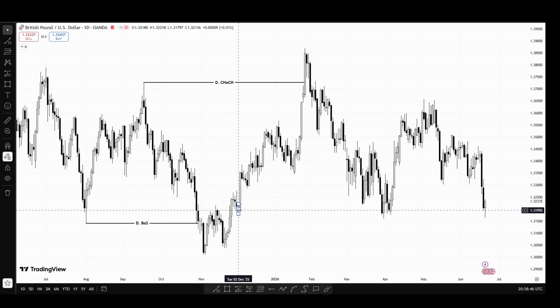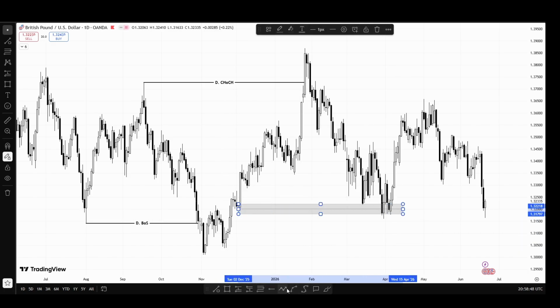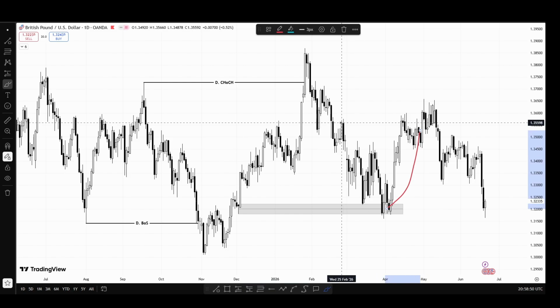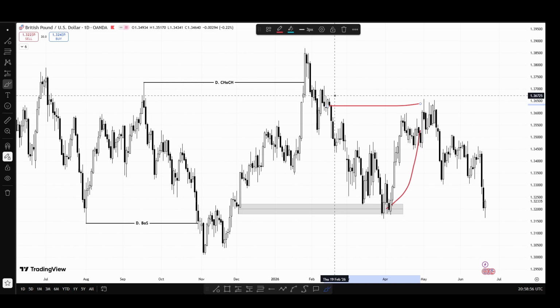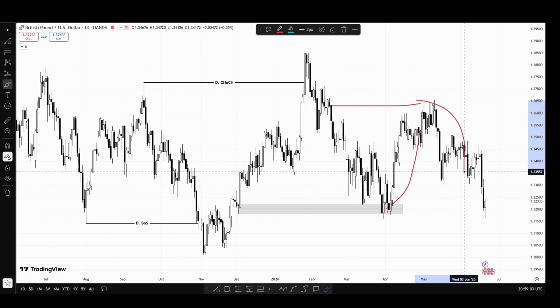All right. So after mitigating that other block, price then pushed upside to mitigate this supply zone here. Okay. So after mitigating that supply zone, price then decided to play bearish to the downside.